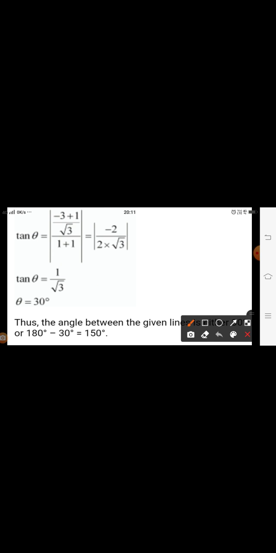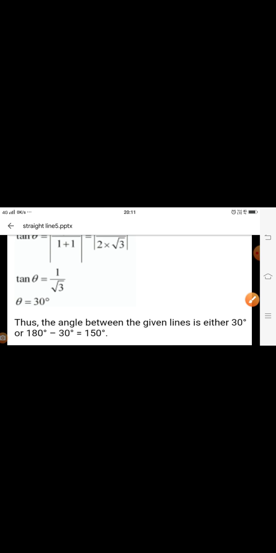we get tan theta is equal to minus 2 upon this, which means tan theta is equal to 1 upon root 3, and this is the value of tan 30 degree. Therefore the angle between the given two lines is either 30 degree or 150 degree, because we get the value as plus minus.